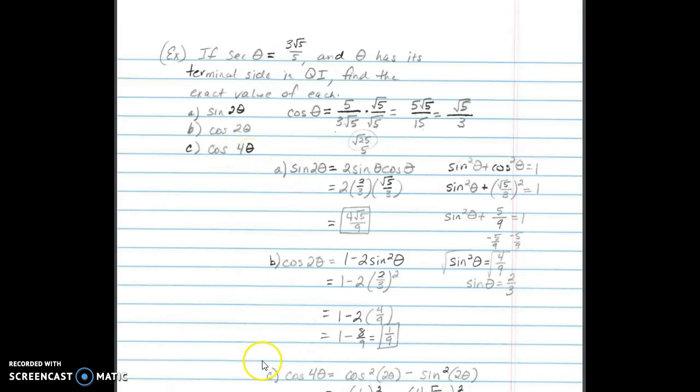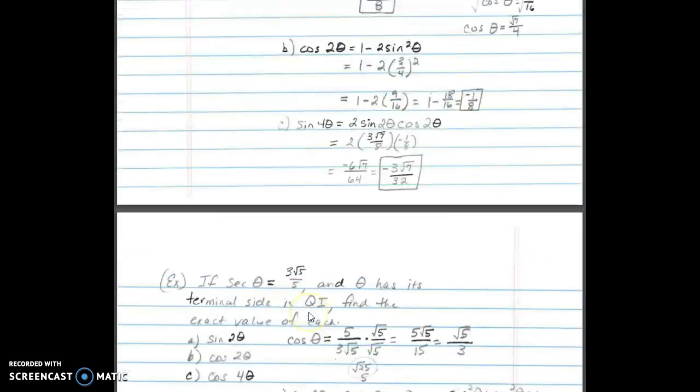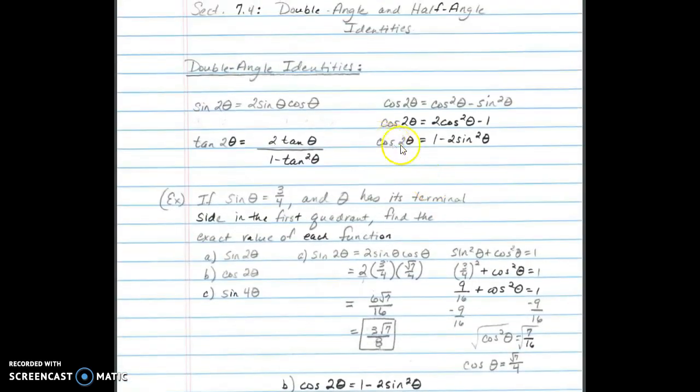So I decided to use the top formula for the cosine of 2 theta. And it's going to be this. And remember, just like the other problem that we just did, theta is 2 theta. So 2 times 2 theta would give us 4 theta. So since this theta is 2 theta, we're going to put 2 theta there and 2 theta there.